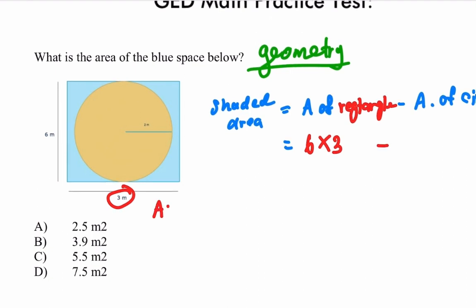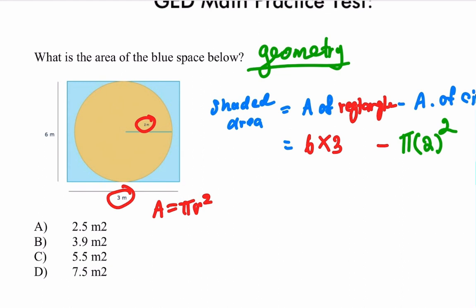The formula for the area of a circle is pi r squared, but make sure of r. The r is the length from the center of the circle to the edge of the circle. R is 2 meters. So pi times 2 squared. Okay, calculate it.